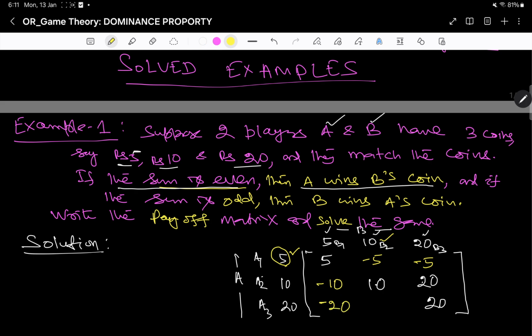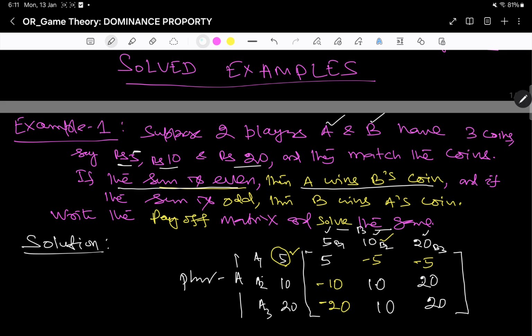Here 10 plus 20 is 30, so A wins B's coin, and B's coin is 10. So this is the case: 5, minus 5, minus 5; minus 10, 10, 20; minus 20, 10 and 20. Now this is your player A, and this is your player B.